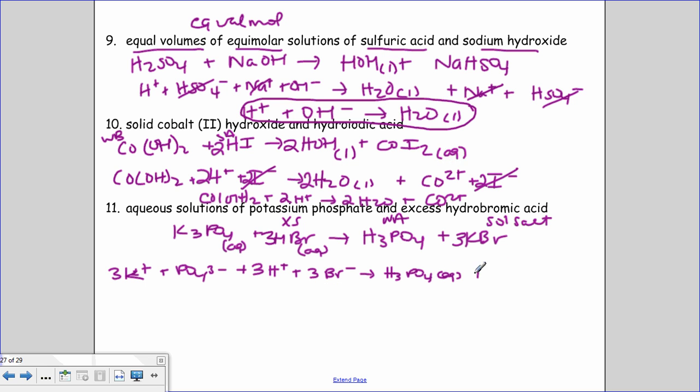It's not strong. Plus 3K plus 3 Br minus. The Br minuses can cancel. The K pluses can cancel, leaving us with PO4 3 minus plus 3H plus, yielding H3PO4.